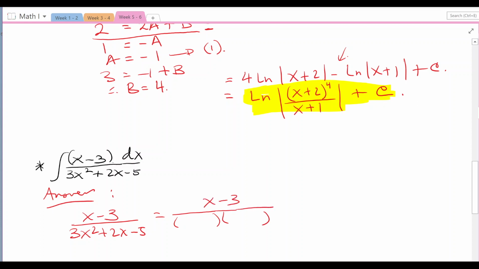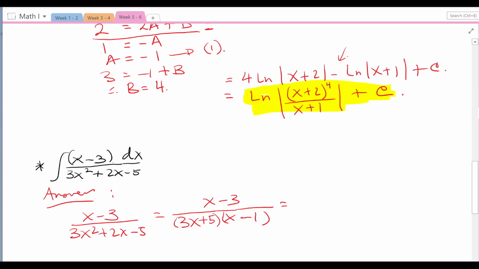So the top is x minus 3, so we have 3x obviously, and then x, and then we have 5 in here, so which means one of them is 5 and 1 on 5, so the 5 must be here because the difference must be 2. So one of them is negative. Because it's positive 2x, then we take positive 5. So now it's equivalent to the denominator on the left hand side. So these are our two factors, 3x plus 5 and x minus 1.